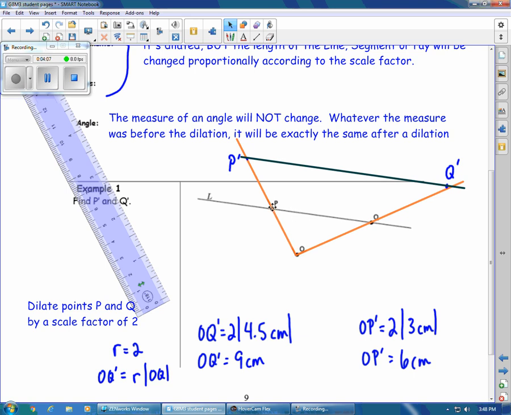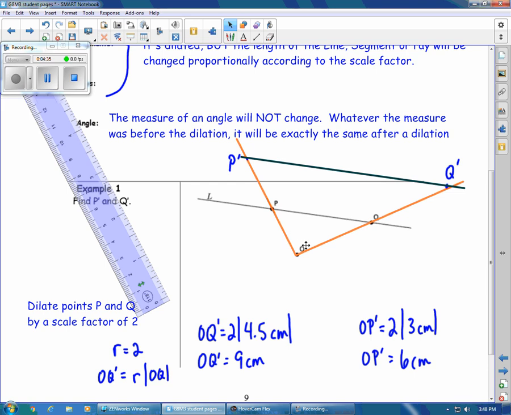I hope you're noticing that we've got parallel lines here, and they're cut by a transversal. When I have parallel lines cut by a transversal, remember all of those angle relationships that we learned in the last module. So this inside angle here at Q prime is going to be congruent to this one at Q because they are corresponding angles. Same thing with this one here at P and P prime, corresponding angles.